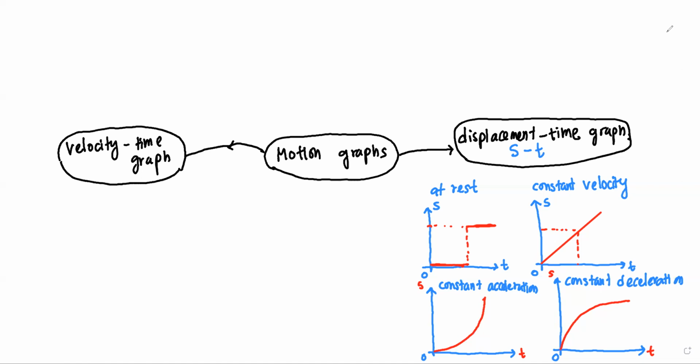But there are two more important things about displacement-time graphs. The gradient of the graph is equal to the velocity. Gradient is velocity.